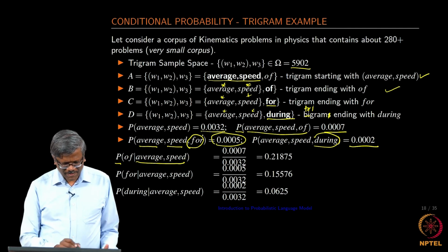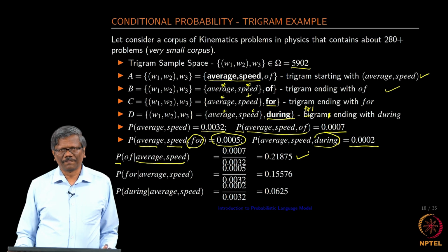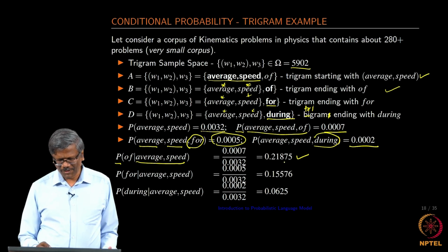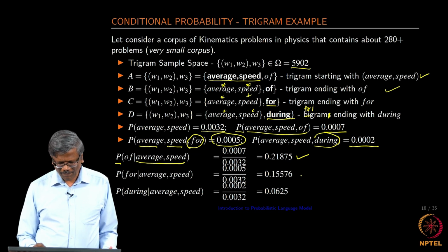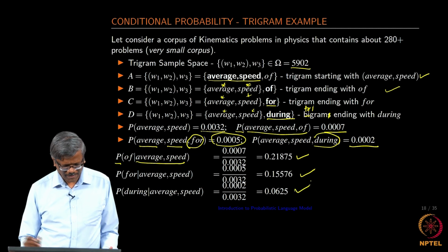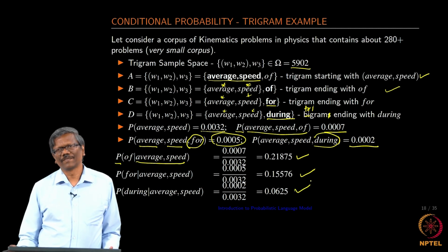So, if you use the formula for the conditional probability, we are getting the probability of the word off occurring after average and speed is 0.21875, and for the word for it is 0.15576, and for the during this is the.